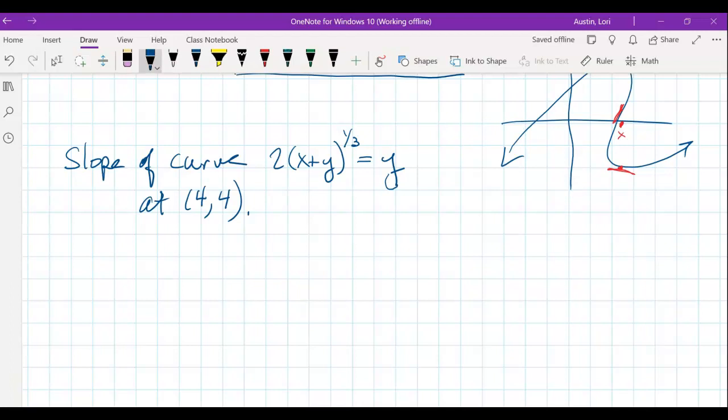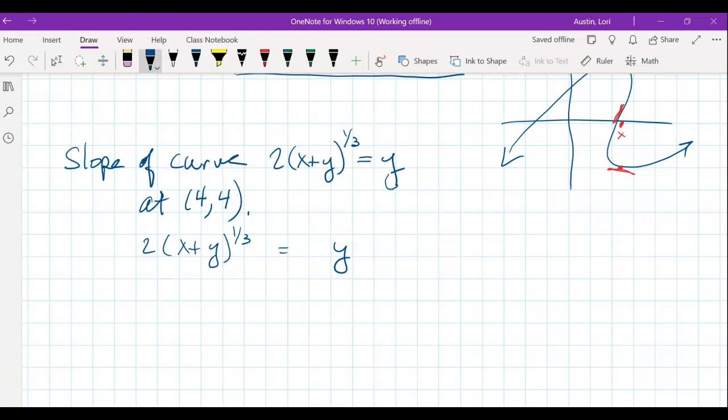So let's take a look at that. This side first. You are going to end up using even more chain rule here. All right. So I'm not going to substitute my u's in anymore.